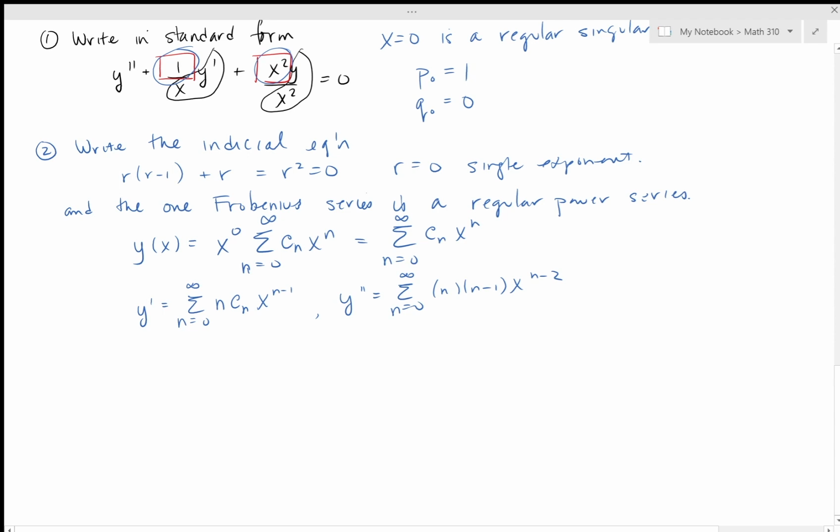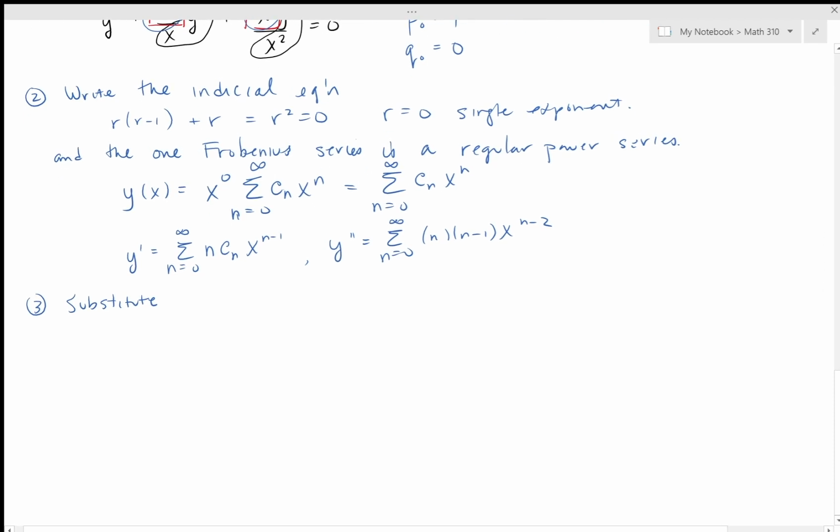I substitute into the differential equation, into that Bessel equation of order 0. So I'm going to substitute the solution and its derivatives into the differential equation, and I will get the following: the sum from n equals 0 to infinity of n times (n minus 1), and this is going to be x squared y double prime.